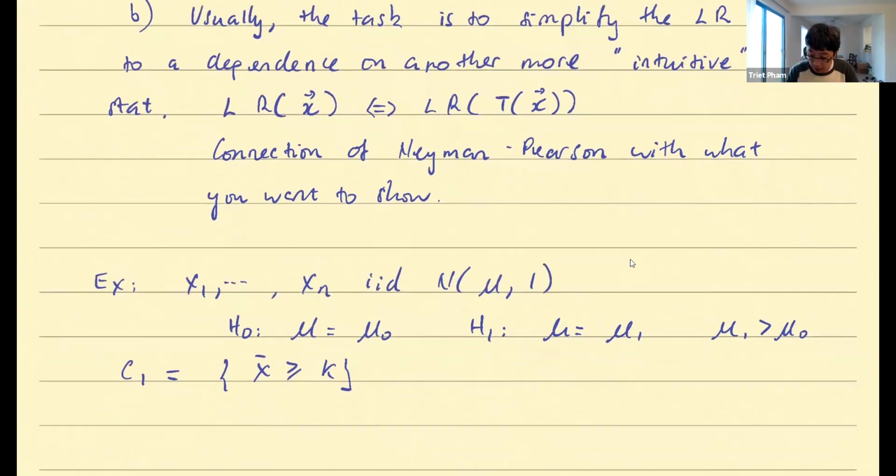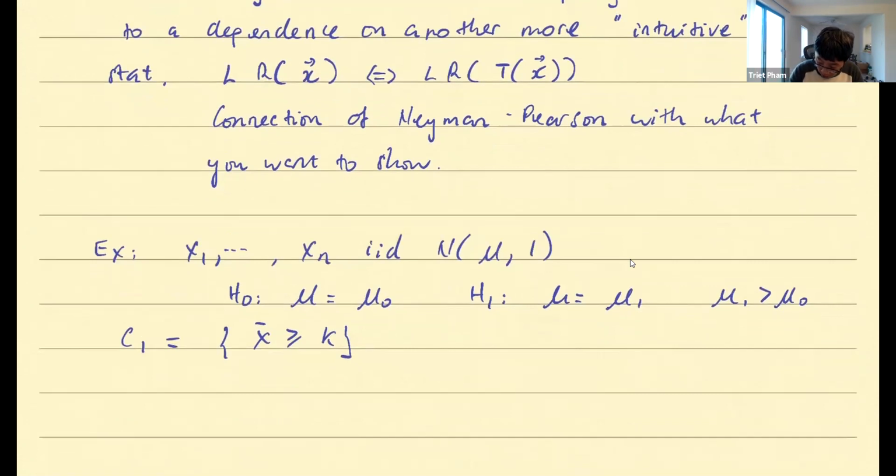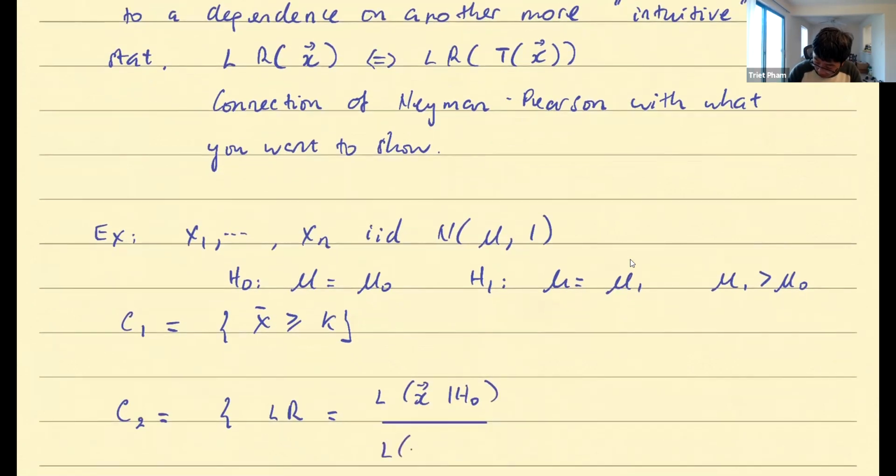On the other hand, Neyman-Pearson would say, I would reject the null if the likelihood ratio, which I'm just going to write to remind you, is small enough.